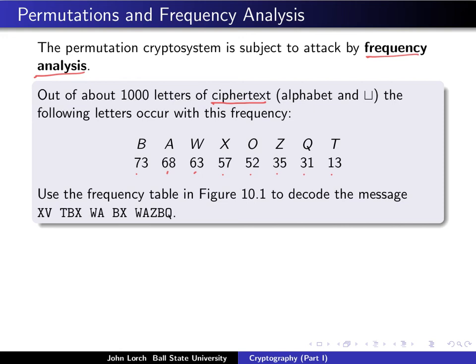So our author in figure 10.1 in the book gives us a frequency table for letters in natural English, including the space symbol, out of 10,000 characters. Now, you can take that table together with this information and attempt to figure out what this piece of ciphertext is.